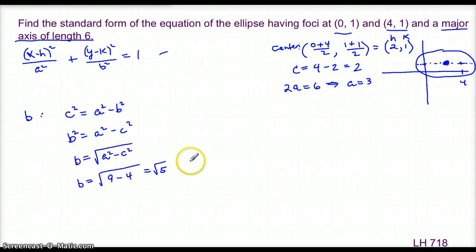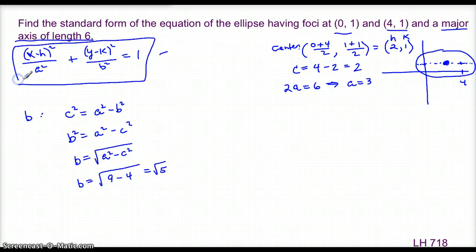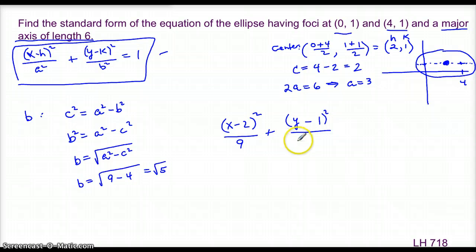So let's go ahead and put these into our formula for an ellipse. We know that we have x minus h, which is 2 from over here, quantity squared, divided by a squared, which is 9, 3 squared, plus (y minus k) squared over b squared.